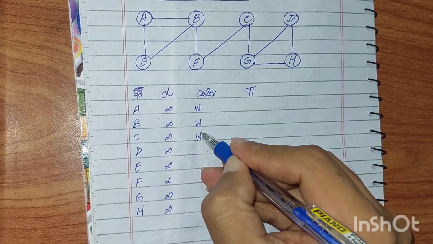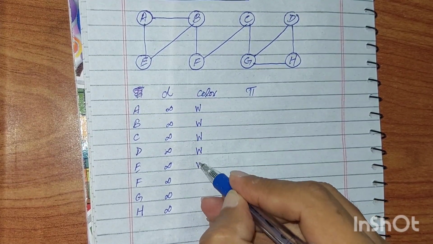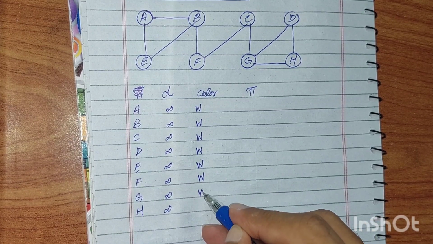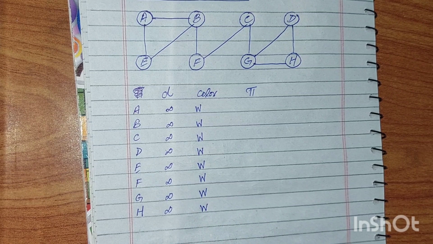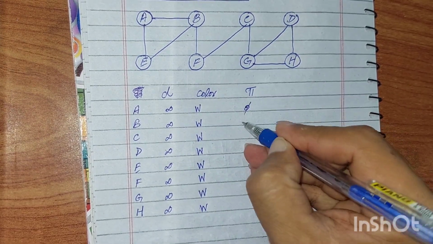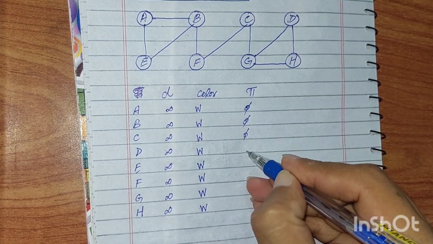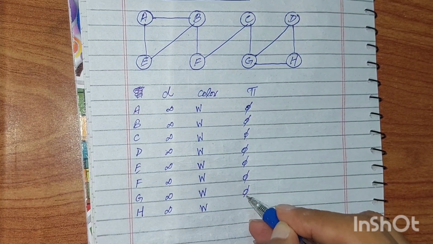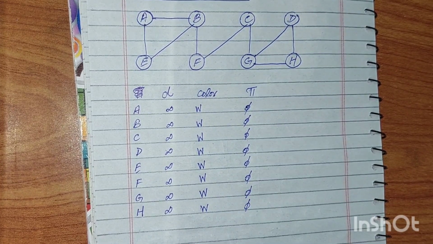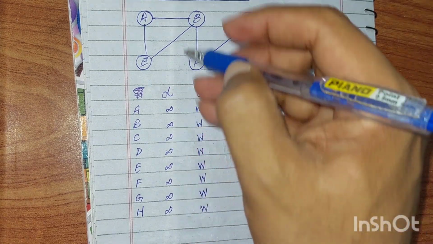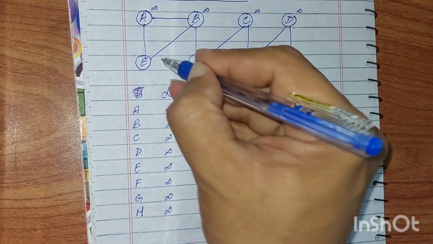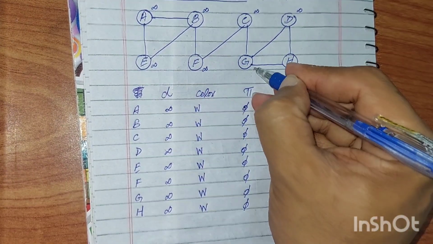I use W for white. The color changes from white to gray and then gray to black, and every parent is marked as nil. Afterwards we will be storing the parent of that vertex in this place. Similarly, I mark the distance of every vertex as infinity here at this point.